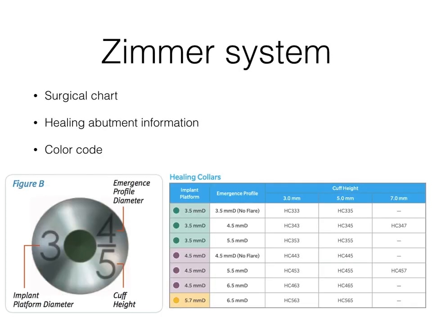As you heard in the videos, they said you have to select the proper size of the impression coping and analog according to the implant size. So let me introduce you to the naming system used in the Nehmer implant system.